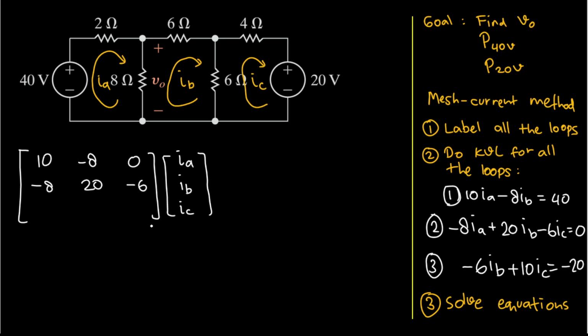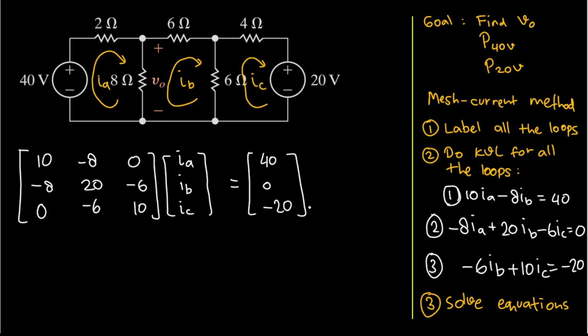And then this one will be 0 because we don't have the term IA, and then minus 6 and then 10 for IC. And then for the result vector here, we will have 40, 0, and minus 20.